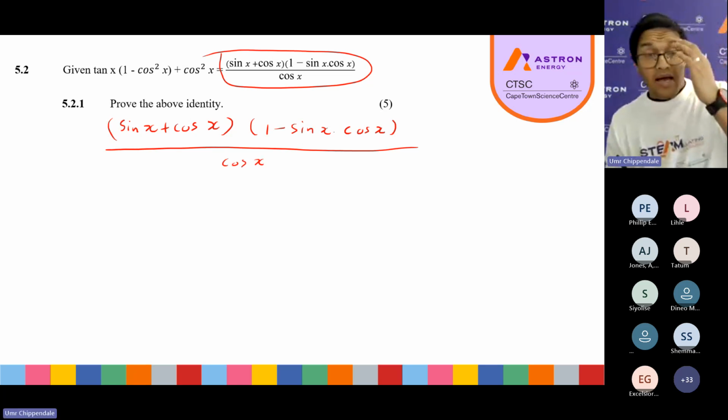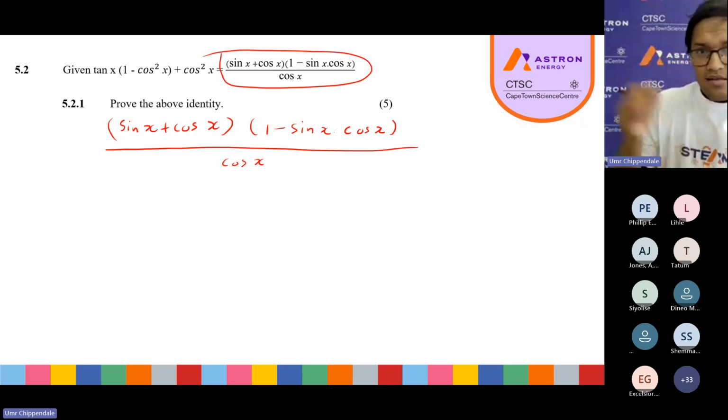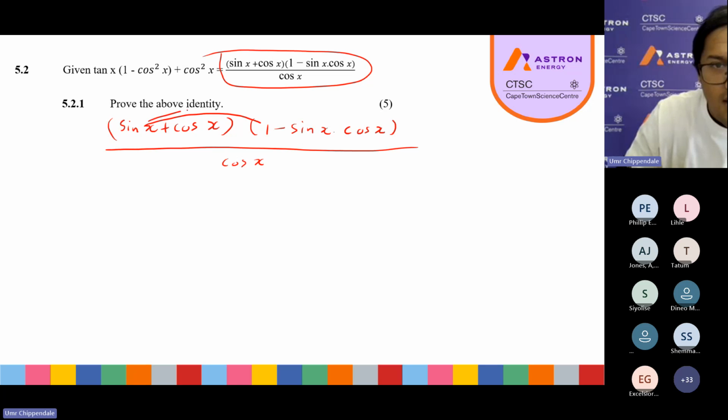Now, we have two brackets, and the first thing we can do is multiply these terms with each other. So you take this and multiply over and over. Before we do cos, we'll just do this one over here. So that is going to be sine x, and then sine x times sine x, that part over there. Positive times negative is a negative, so sine squared x times cos x.